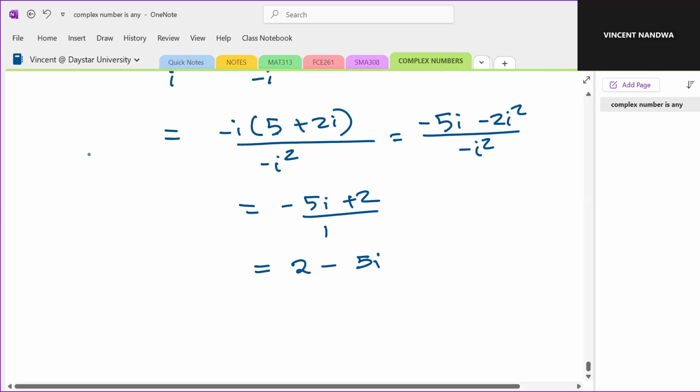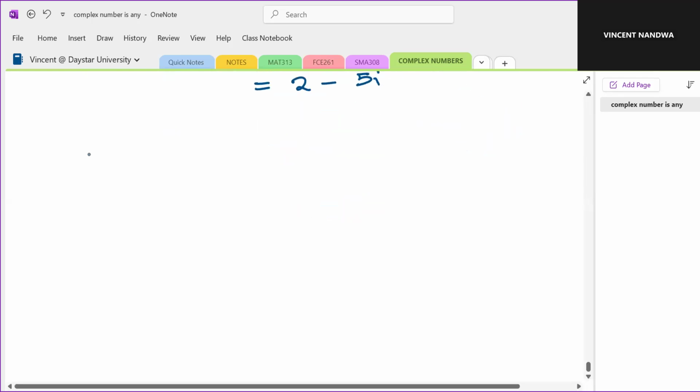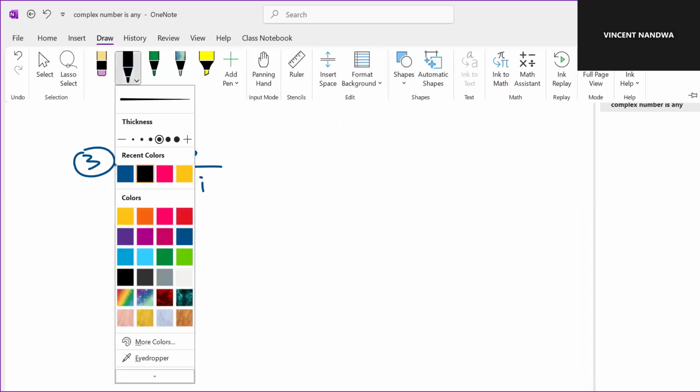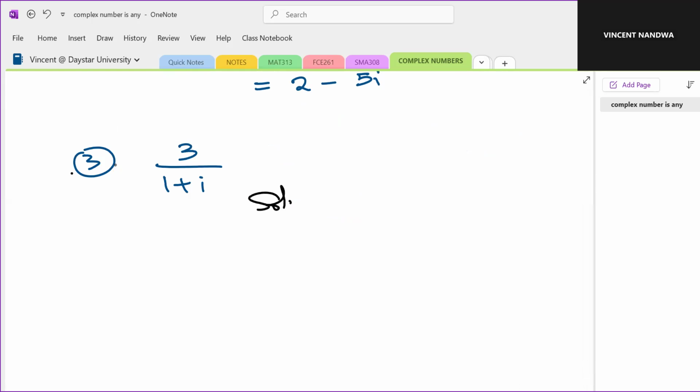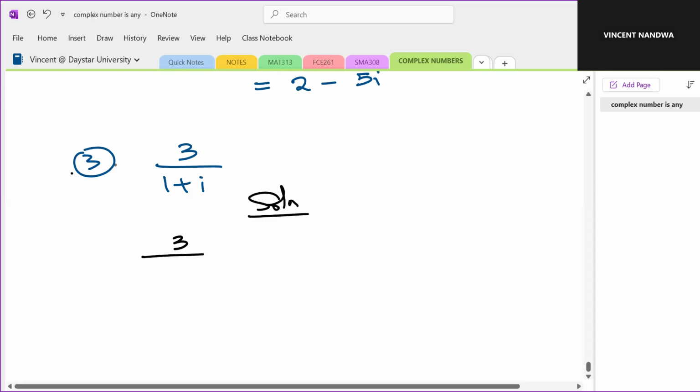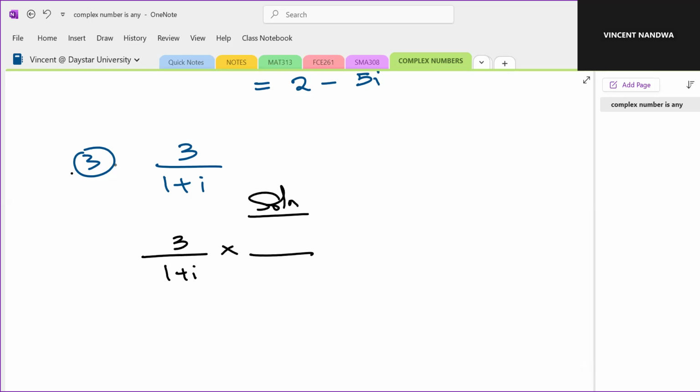Then you can give another example on the same quotients. Number 3, 3 over 1 plus i. So the key thing is to multiply the numerator and denominator by the conjugate of the denominator.